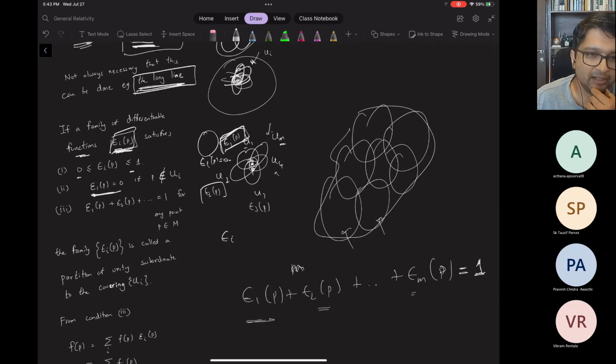So this sum is equal to 1 for any point P on the manifold.